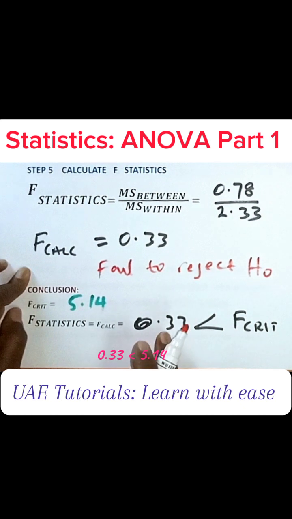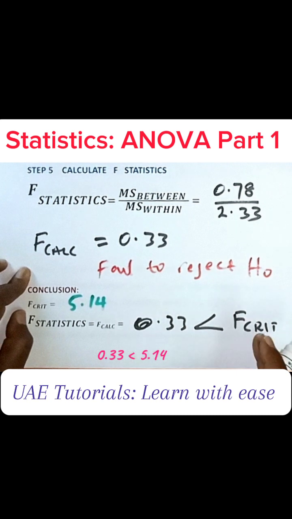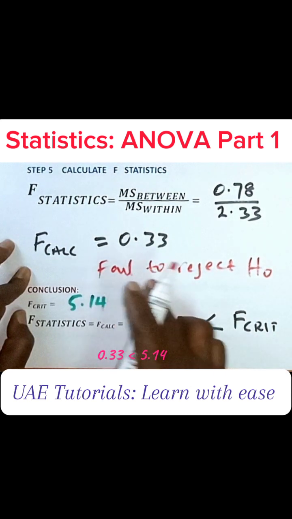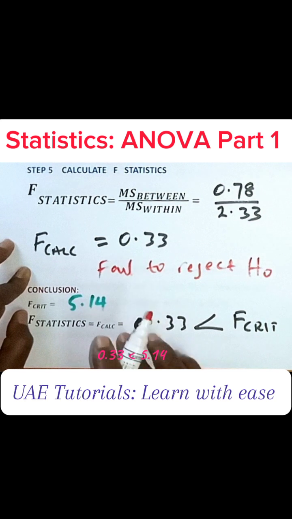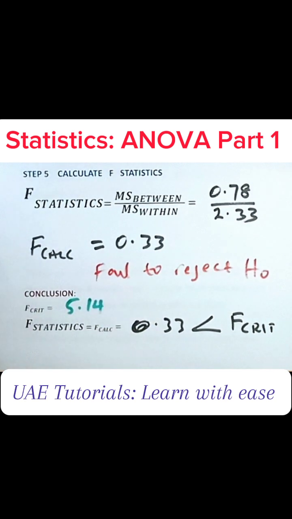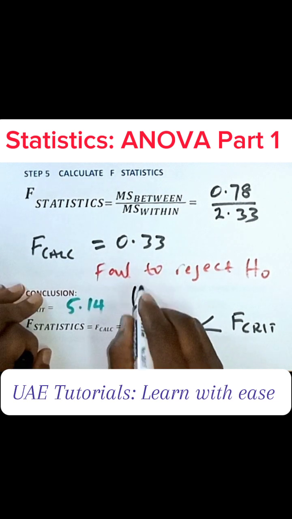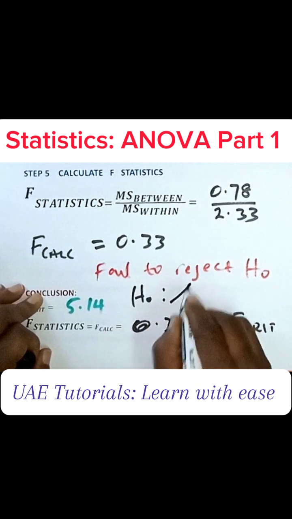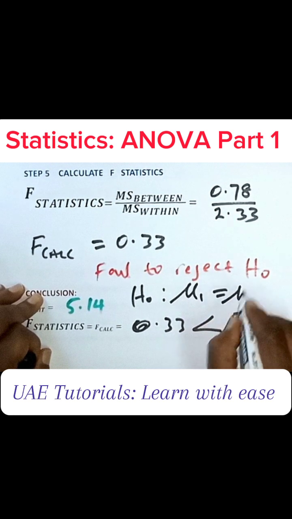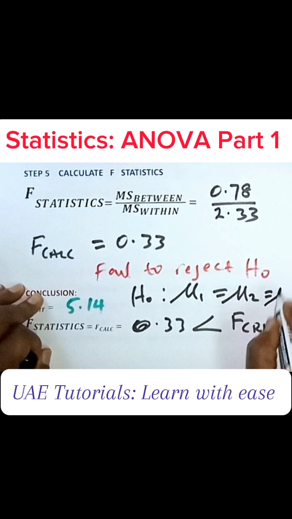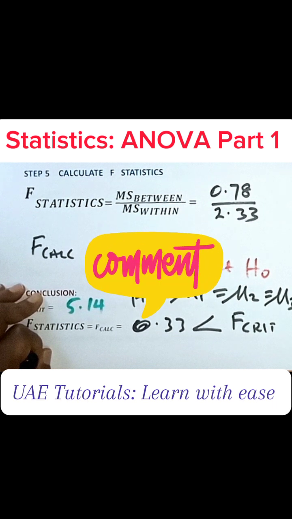If your calculated F value is less than your critical F value, you fail to reject H naught. Meaning we are going back to our original H naught, that mu1 equals mu2 equals mu3, meaning there is no significant statistical difference between the mean of the 3 groups.